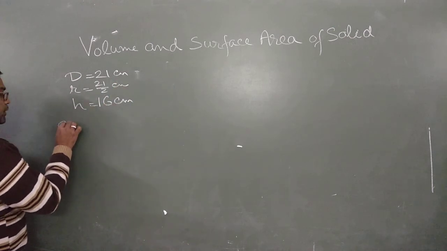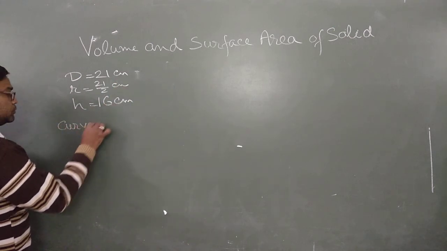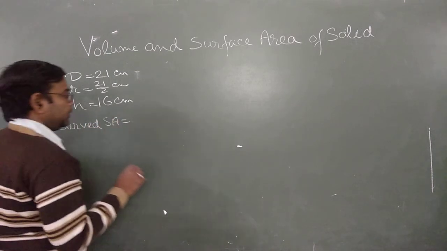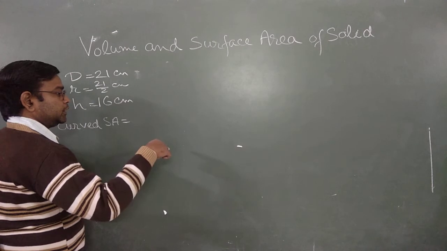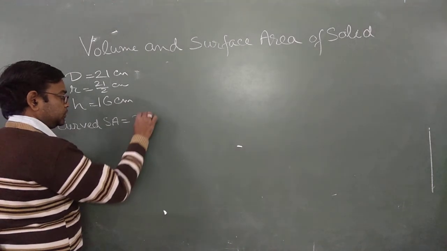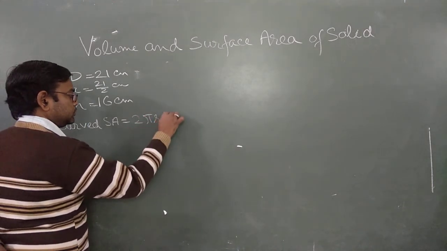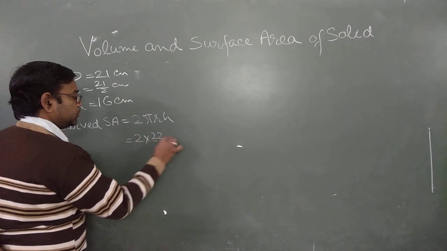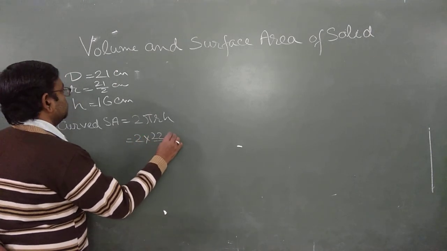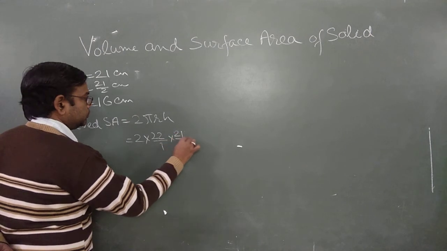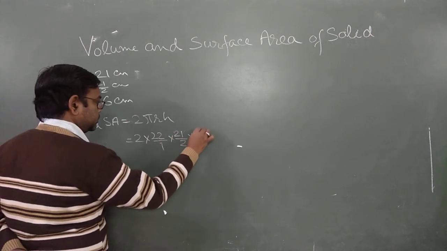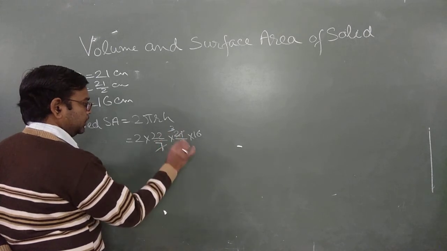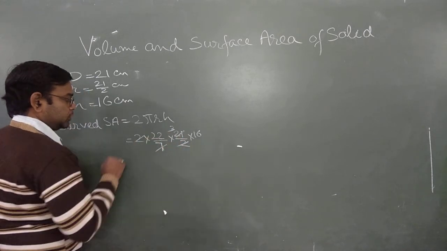Curved surface area equals, as we know, 2 pi r h. What is the value of r? It's 21 upon 2, height is 16. 7 3s are 21. Leave it as it is, 2 2s.